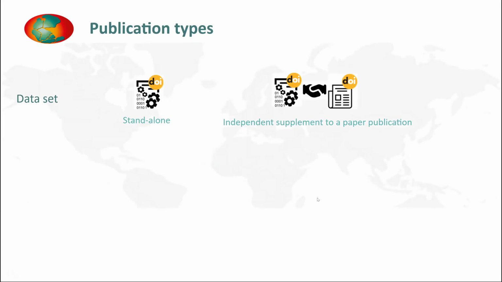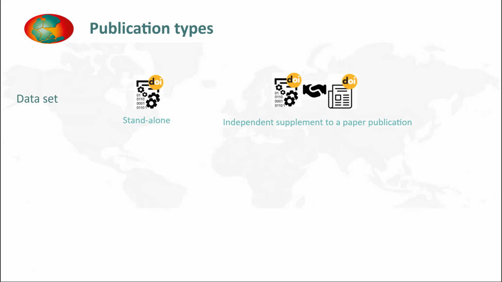And finally, I would like to talk about publication types we have in PANGAEA. So obviously we publish datasets, but datasets can be related very closely to a paper publication. So basically you start with publishing the dataset.